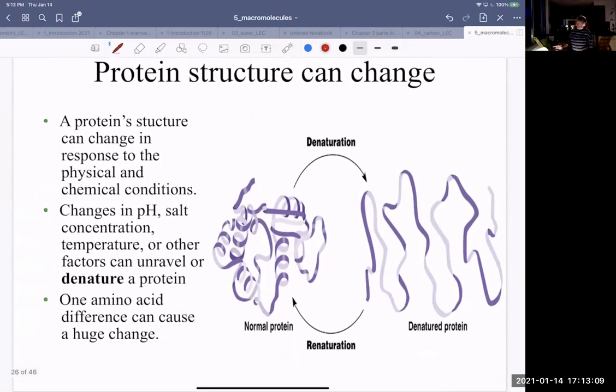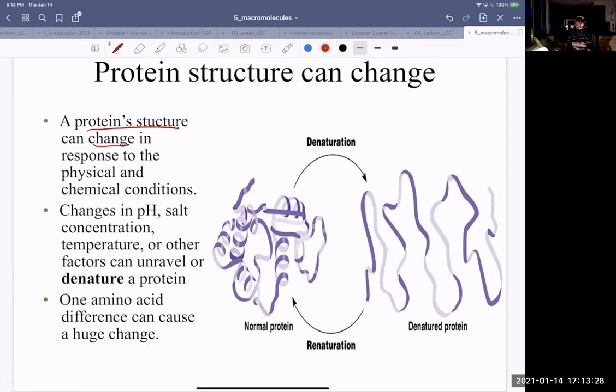But what's very interesting is that protein structure can change in response to physical and chemical conditions. We saw that with the hemoglobin, remember? So the oxygen comes along, binds to the iron, fits into the heme ring, and that tugs on the rest of the molecule, and then the molecule has a greater affinity for oxygen.